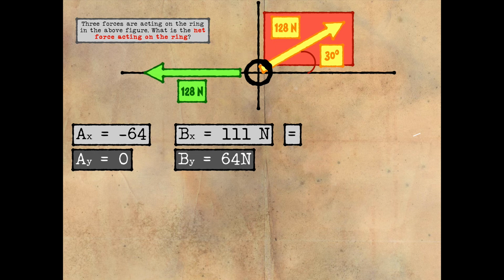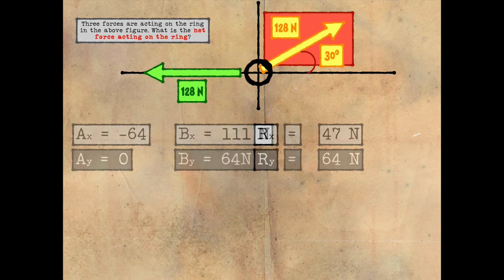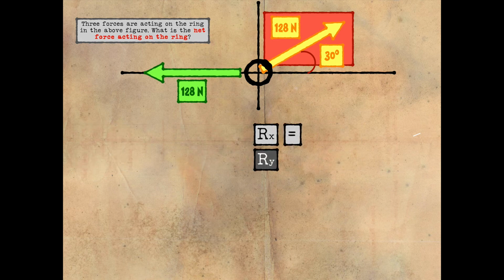Because recall that my problem, if you see it at the top left, is asking for a net force. So that means I need a resultant force of all three of those forces put together. So my total x is 47 newtons. My total y is 64 newtons. Okay, so again, my resultant x is 47, resultant y is 64.